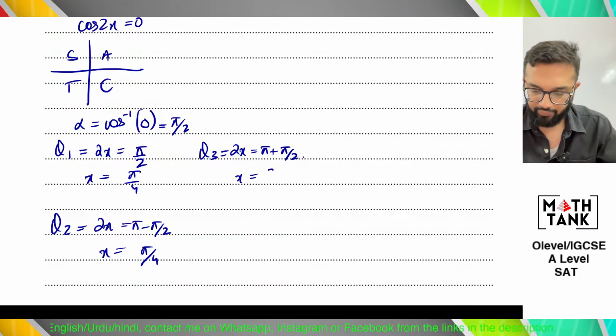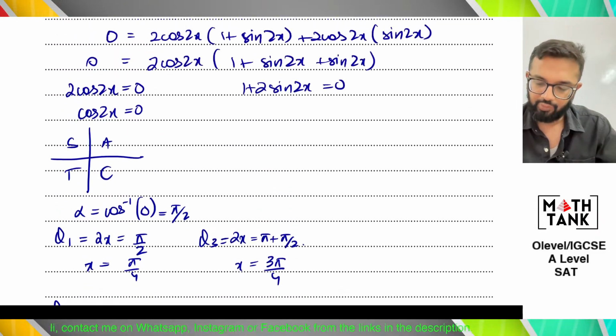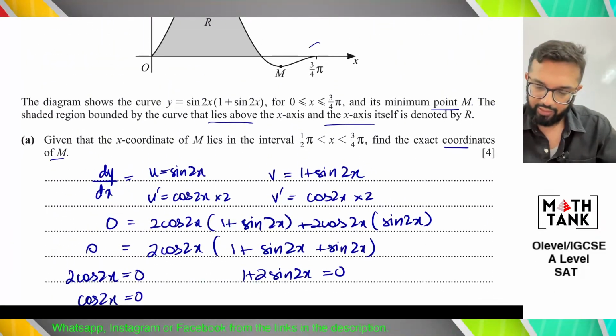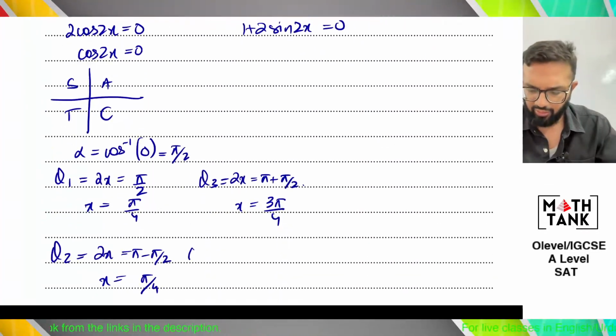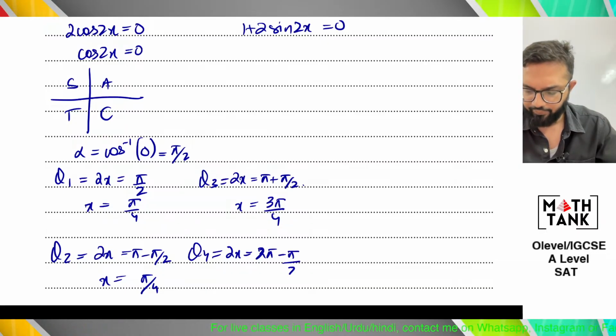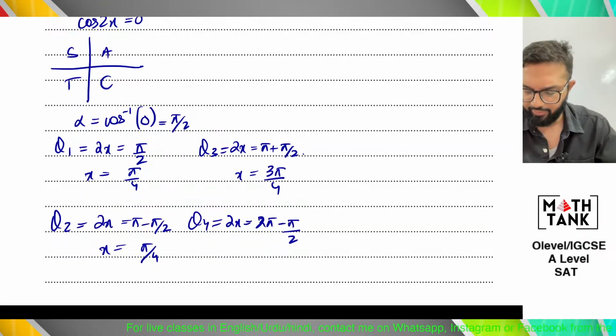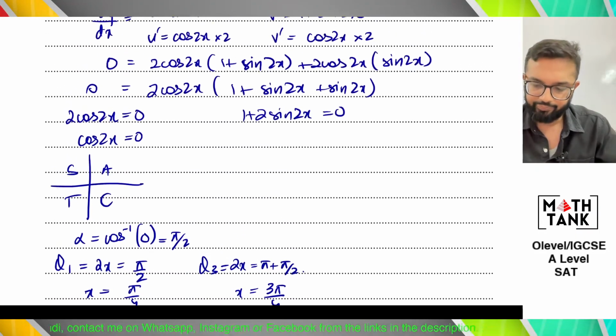It's 3 pi over 4. Okay, that's on the edge. That is also a turning point, but that's not the one that I want. Quadrant 4 is obviously irrelevant because it exceeds the bound that I have. Okay, 3 pi over 2, and then 3 pi over 4. That's also 3 pi over 4.